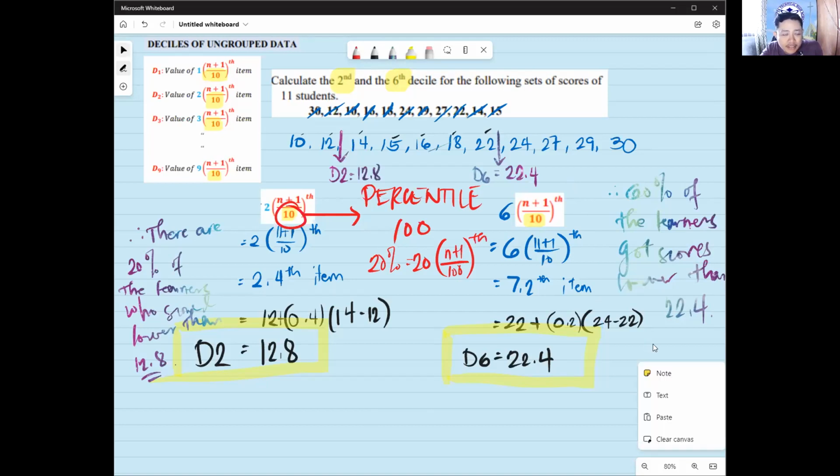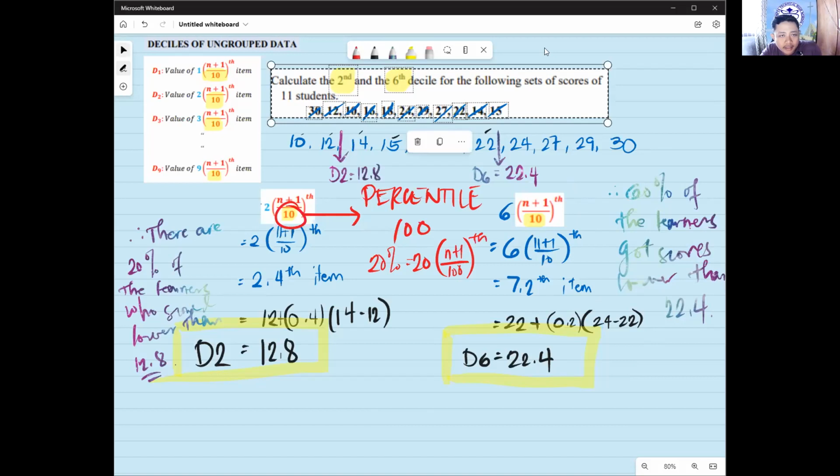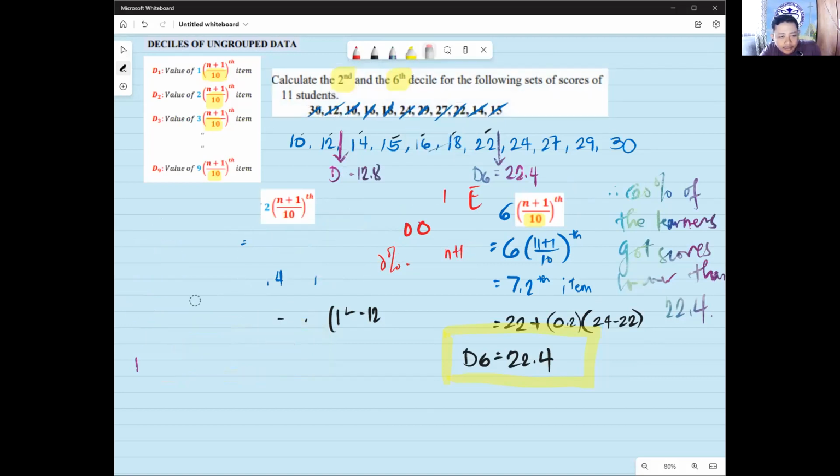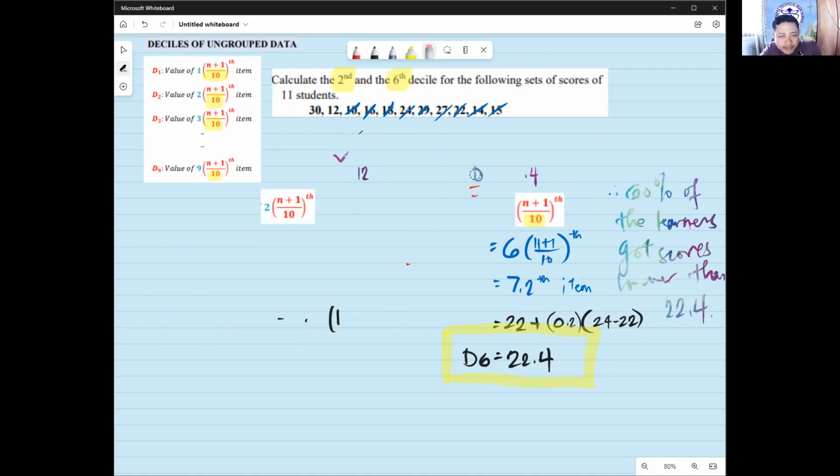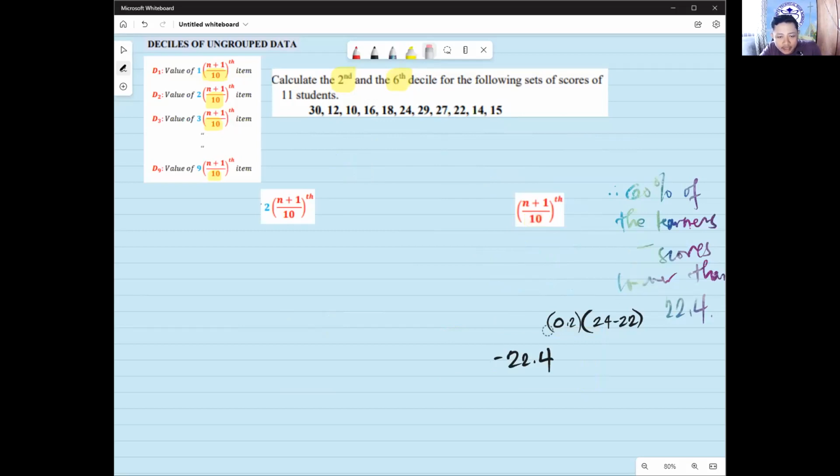Okay. Let me just retain this given, and then I'll change everything. After deciles, we will now be moving on with our percentile. But I will retain this set of given just to see if we will get the same answer if we get the 20th and the 60th percentile.